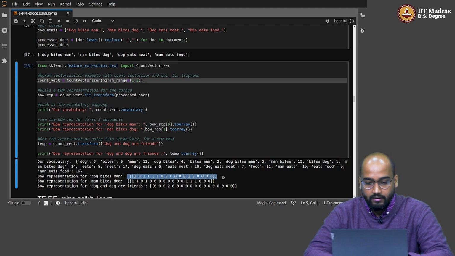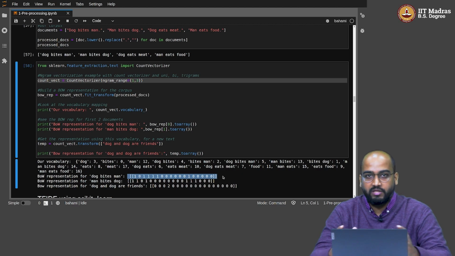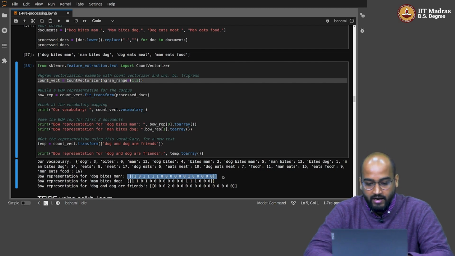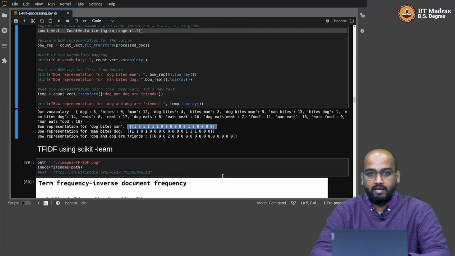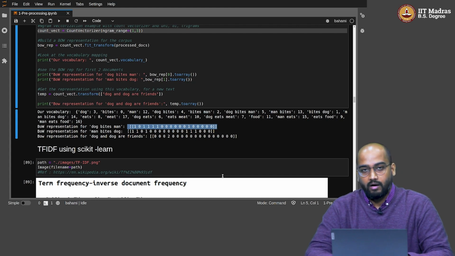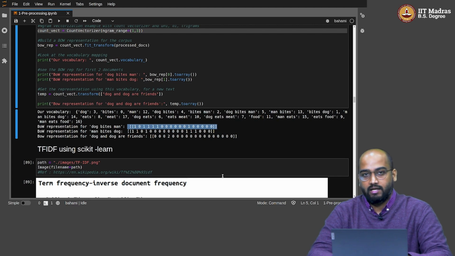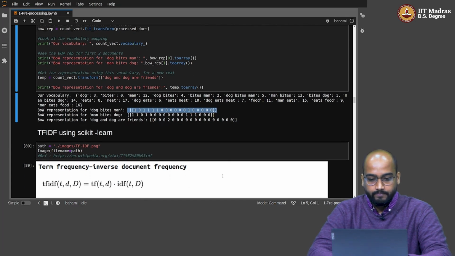So while bigrams and trigrams would be very useful in encapsulating the information within the sentence, the overhead here is that your vector becomes too large, right? And it has implications in terms of the memory it occupies. It has implications in terms of how well or how correctly or incorrectly the models would be able to work.